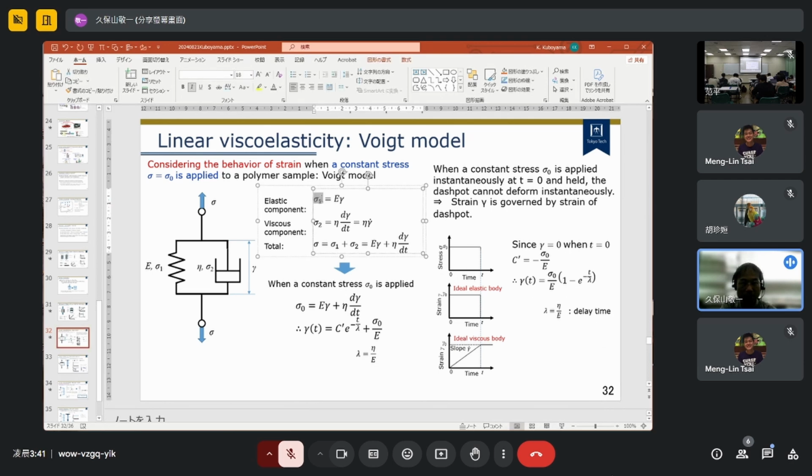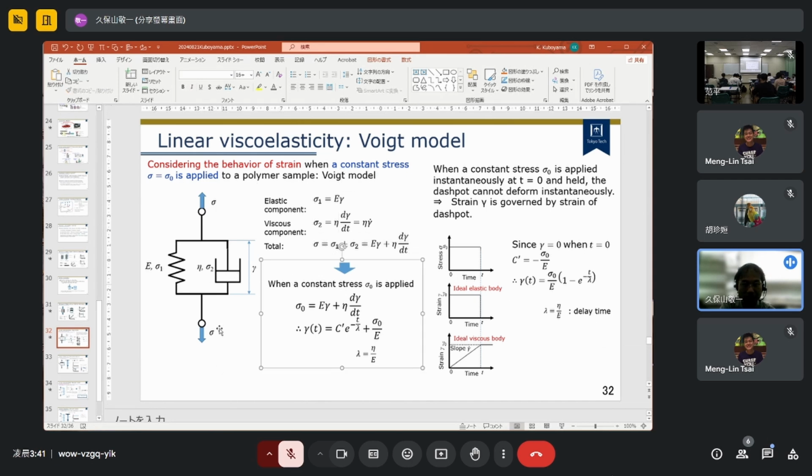For the spring part, the stress can be expressed by the spring constant of the spring part and the strain of the whole sample. And the viscous component should be like this. The stress for the dashpot, sigma 2, can be expressed by the viscosity of the dashpot and the strain rate of this part.